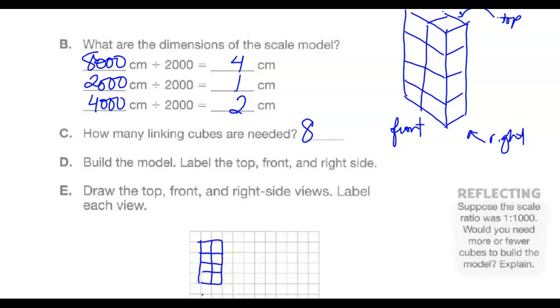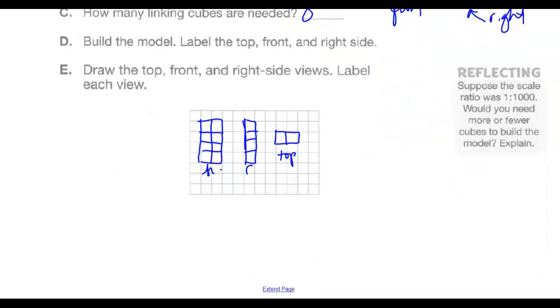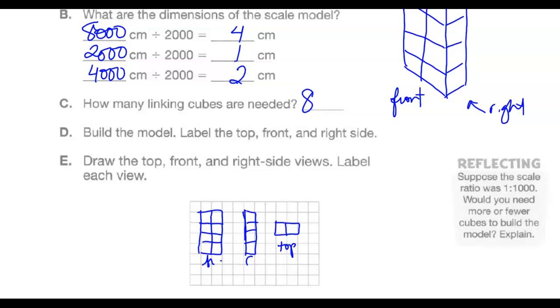Our right side view is just a single. That's the right side, and the top is just 2 of them. Okay. And that's it.